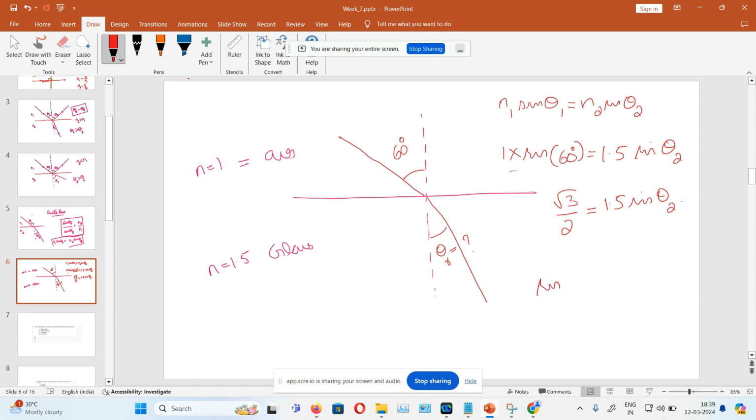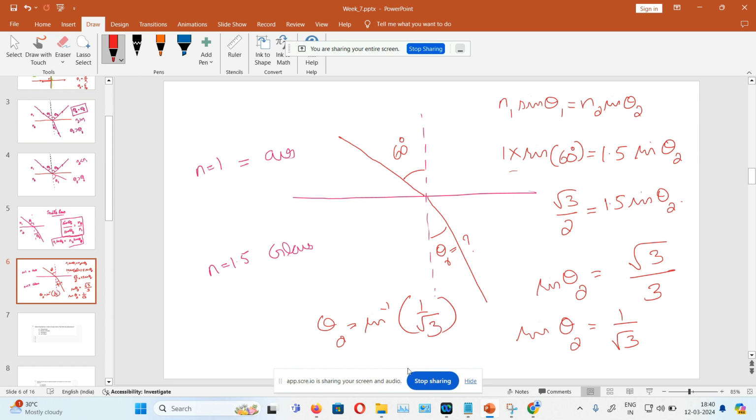So sine theta 2 will be root 3 by 2 into 1.5, which is 3. So sine theta 2 is 1 by root 3. Theta 2 is equal to sine inverse 1 by root 3.